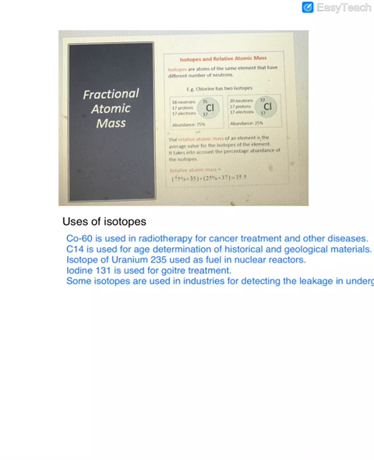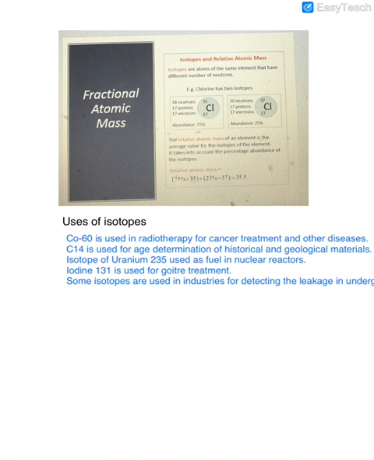The reason for fractional atomic mass is that atomic mass of the element represents the weighted average of all the naturally occurring isotopes of that element. So you can find it very easily. Chlorine 35Cl and chlorine 37Cl are present in the sample of chlorine as 75% and 25%. So if you do the calculation, you will be getting the atomic mass of chlorine as 35.5.